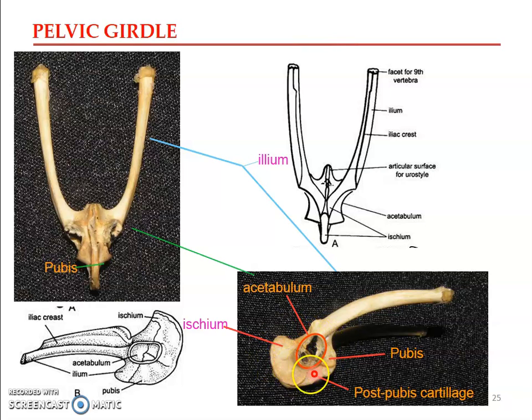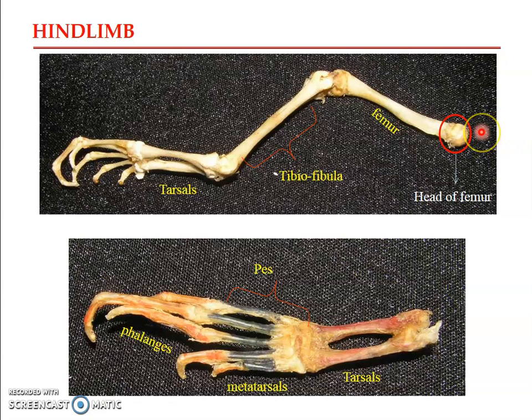The central plate is formed of the pubis and the ischium. These three bones form a central cavity known as the acetabulum, into which the head region of the femur fits.